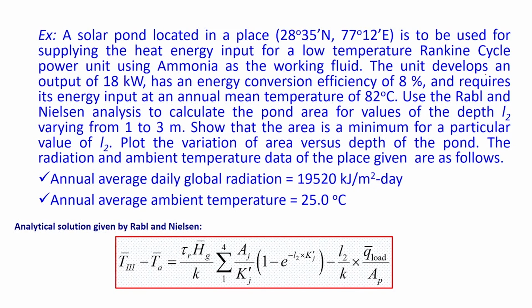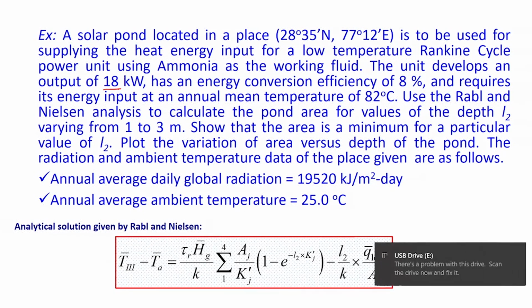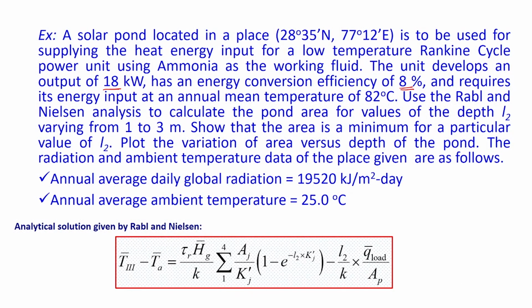The unit develops an output of 18 kilowatt and has an energy conversion efficiency of 8%. So the Rankine cycle efficiency is given as 8%, and it requires its energy input at an annual mean temperature of 82 degrees C. So I will draw the pond and designate the location where we want 82.